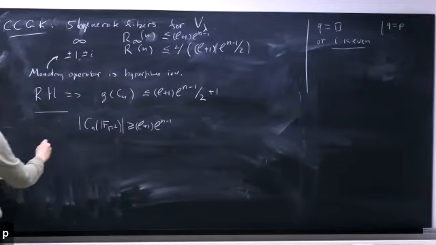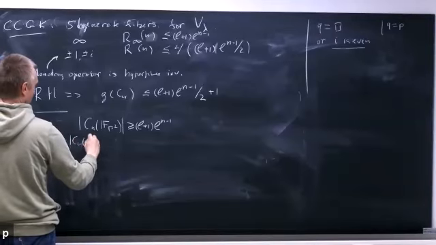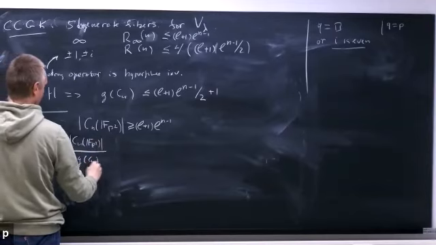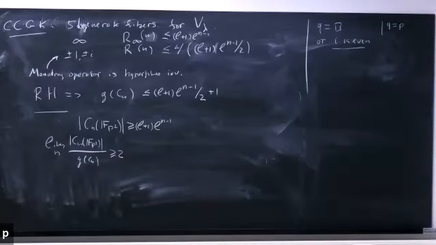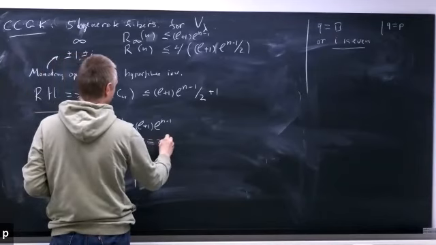So altogether, the limit of this quotient is greater or equal to 2. And that means, recall that p is congruent to 3 modulo 4.